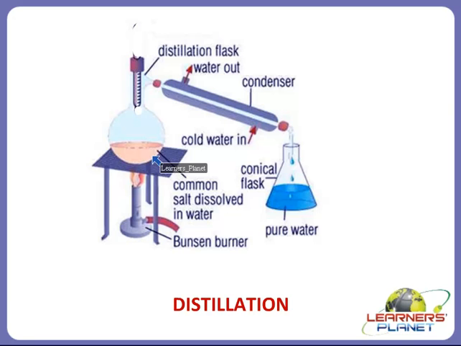First of all, the water will be heated. Because of this heating, the impurities will be left behind, and then it will pass through this tube, the condenser, in which the steam will be converted into water again. And when it is converted into water, it will be in the pure form and it will be collected in a conical flask, right?